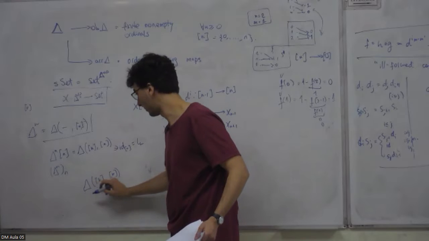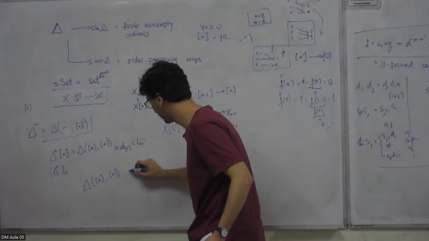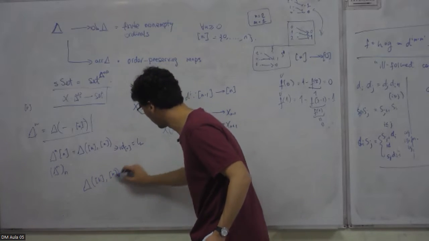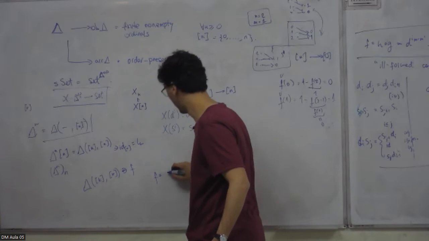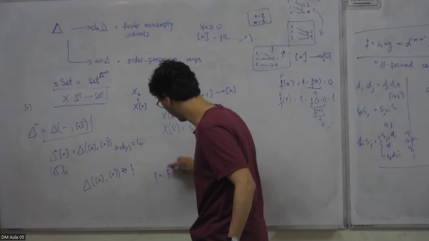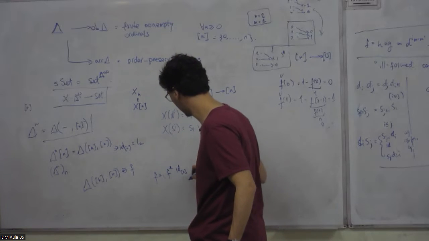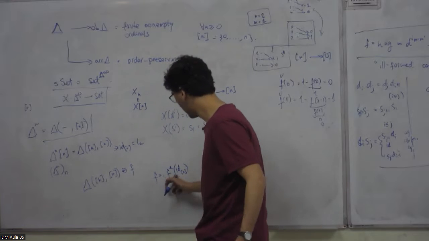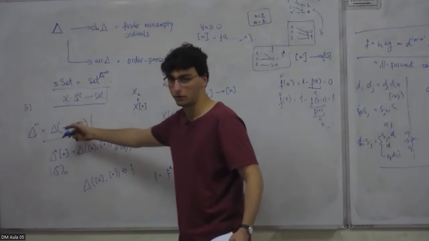And if you think of it as an order preserving function, let's call it f. You have some f here, and f equals the identity of n precomposed with f, right? And precomposition is what this contravariant functor does on the arrows.